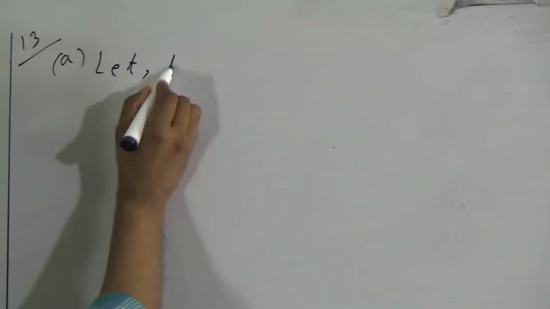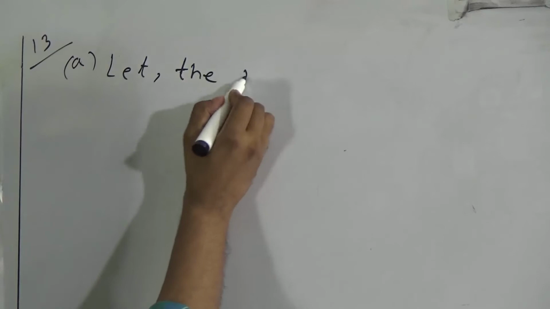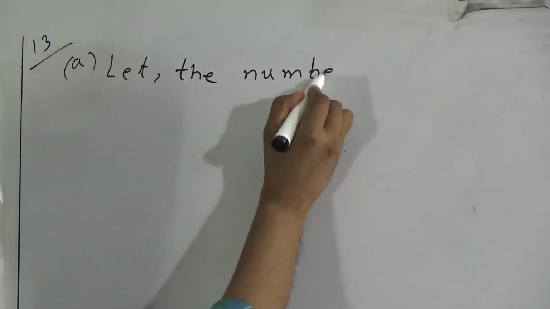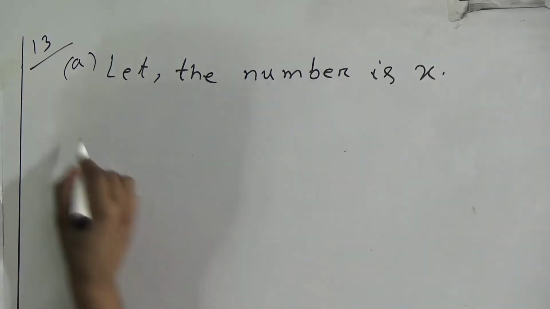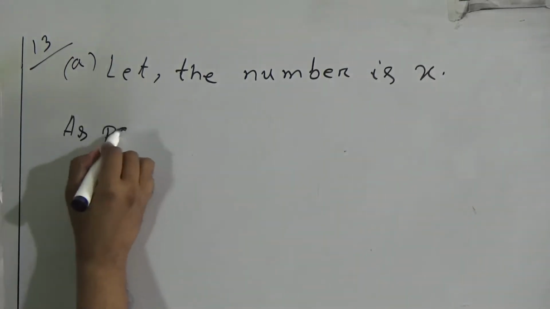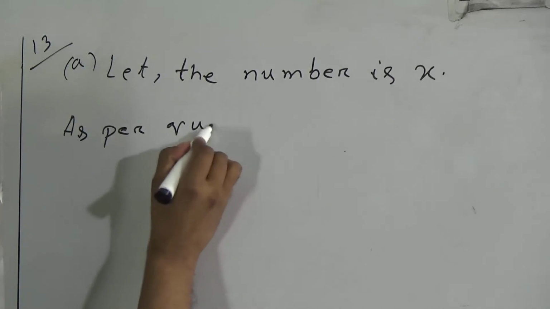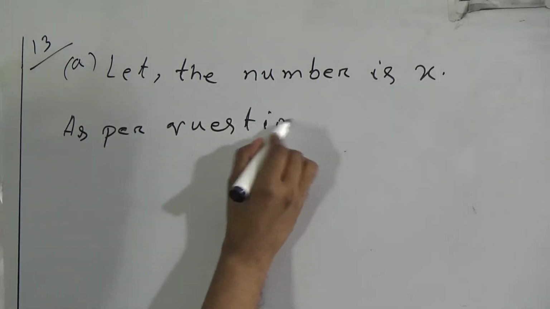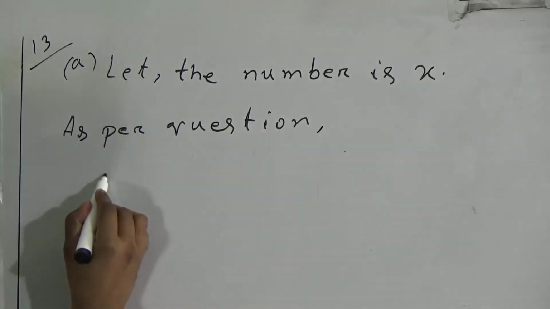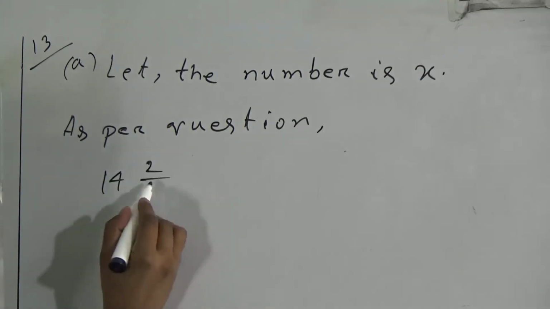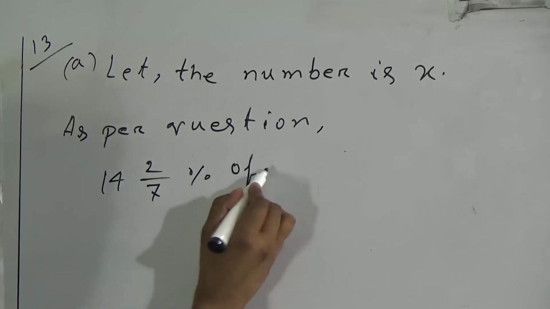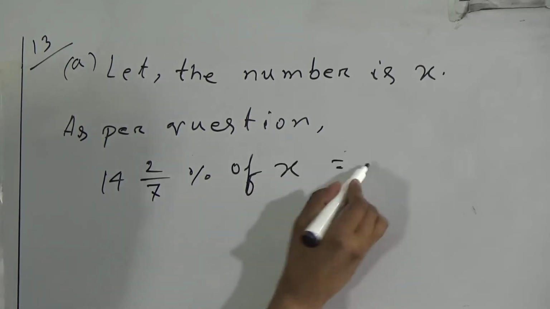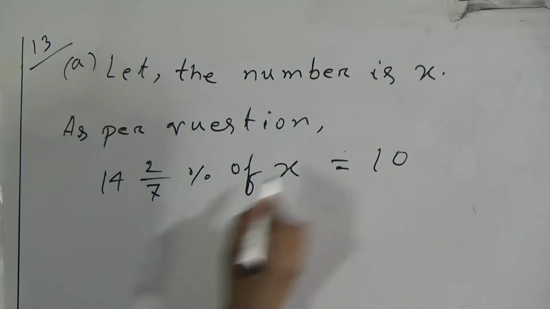Let the number be x. As per question, 14 whole 2/7% of x is equal to 10.